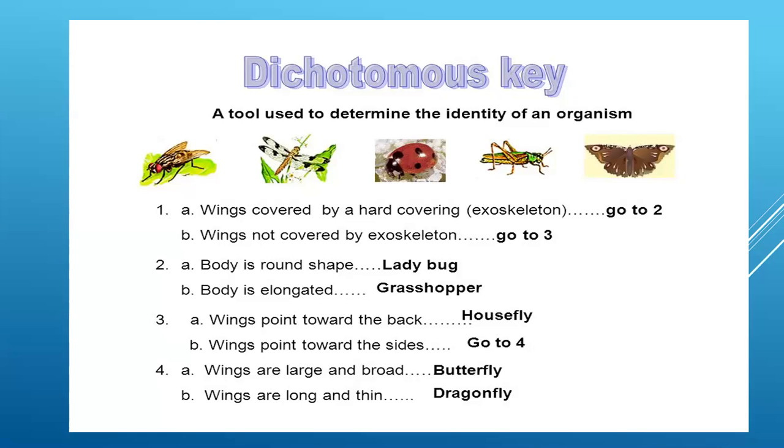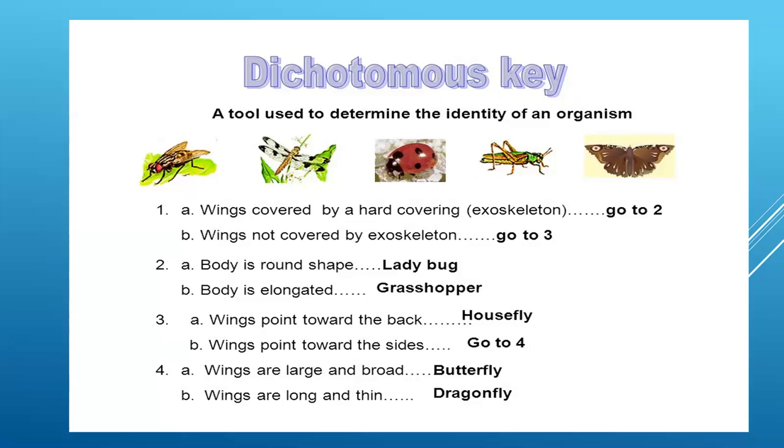Now let's go to the next topic, which is the dichotomous key. What do you mean by dichotomous key? This is just like a puzzle where you identify the name of an organism by answering a few yes or no questions, or by looking at its physical appearance.